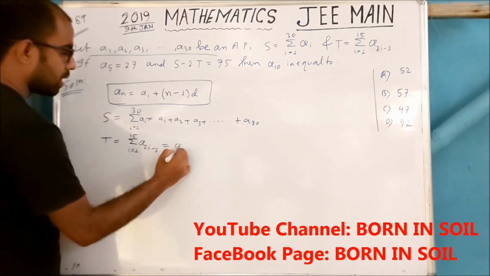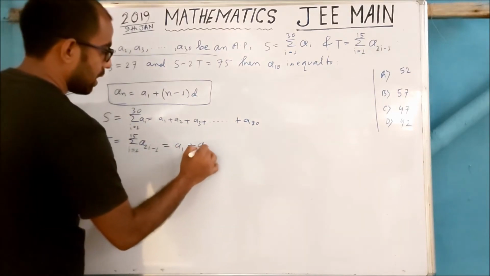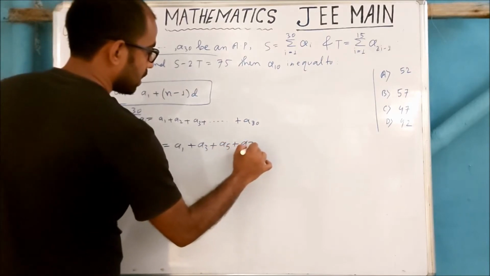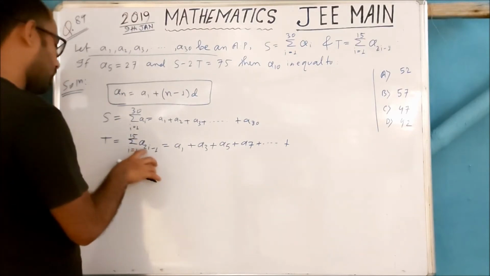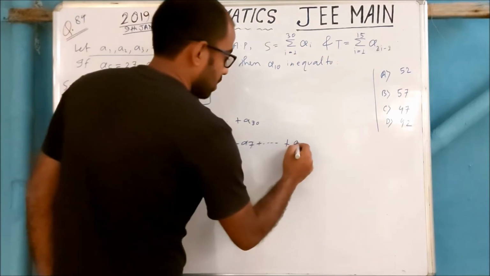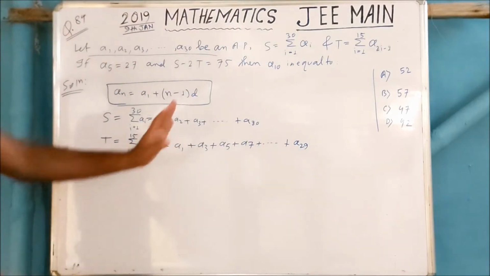That means A1 for i equal to 1, 2 minus 1 is 1. For i equal to 2, 2 into 2 is 4, minus 1 is 3. That means A3, A5, similarly A7. We get the last term for i equal to 15, that means 2 into 15 is 30, 30 minus 1 is 29. So the last term is A29. So we get T equal to this.